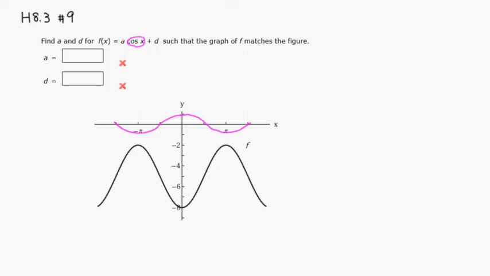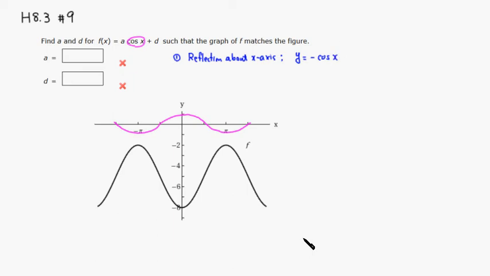So first we have to apply transformation 1, a reflection about the x-axis. This is easy enough. If you do that, you're going to have y equals negative cosine of x.